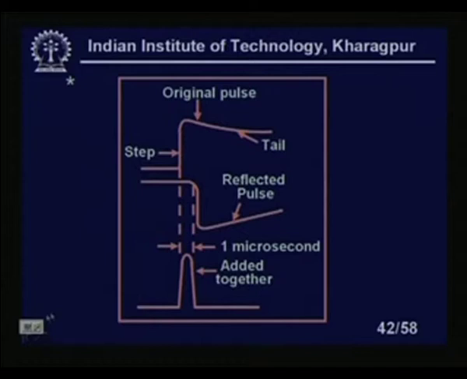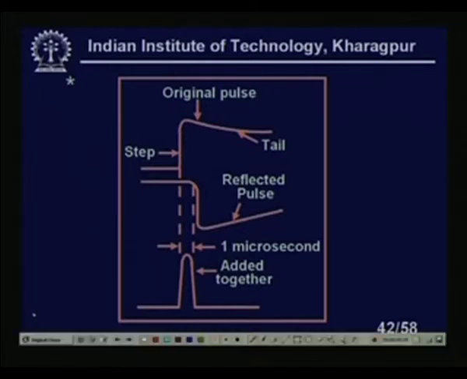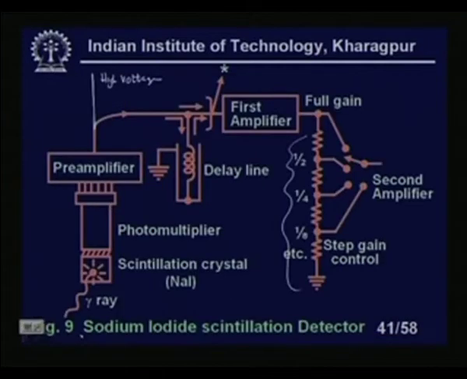Now, the original pulse, you look at here. I have shown how the pulse looks, because I cannot show it here. So, I took the next page: how the output after the scintillation crystal, the preamplifier output, looks.